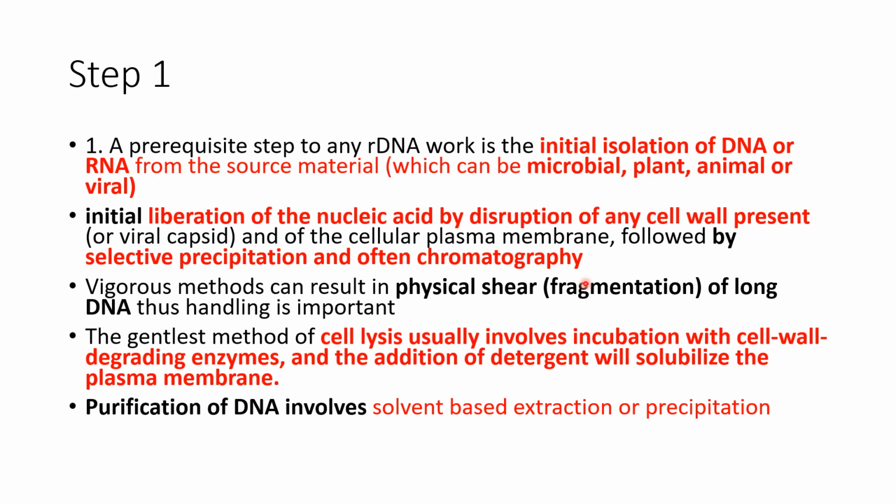The nucleus is inside the cells. So the first step in the initial isolation of this DNA is the release of the nucleic acid by disrupting the cell wall and also the cell plasma membranes, followed by selective precipitation and often chromatography.